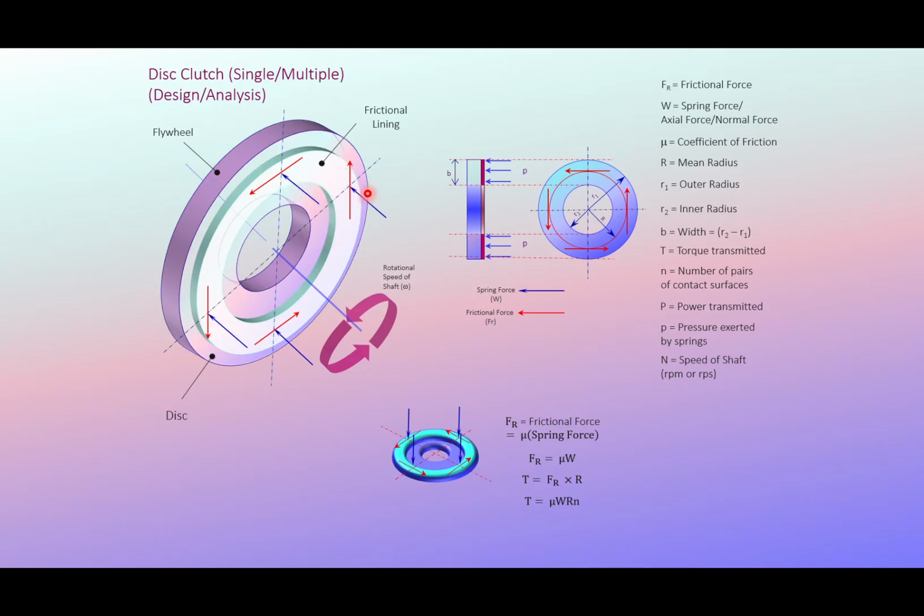When the disc starts to rotate, it will induce these forces, called the tangential force, or most of the time we call this the frictional force, because you have two surfaces in contact.